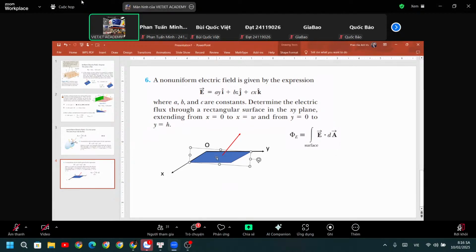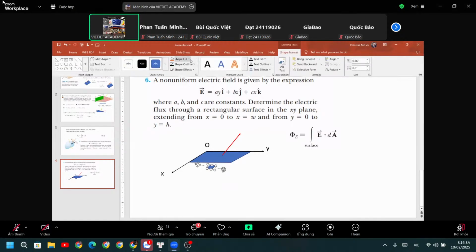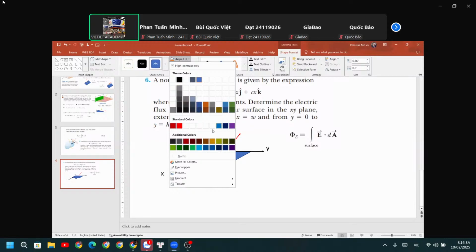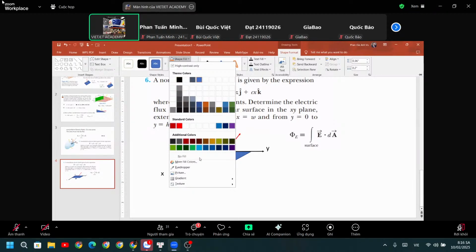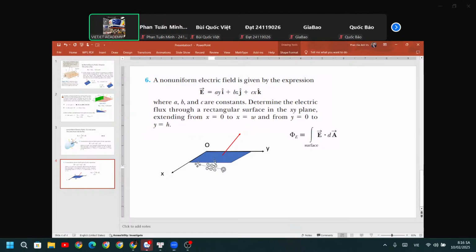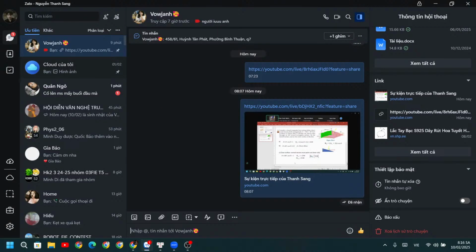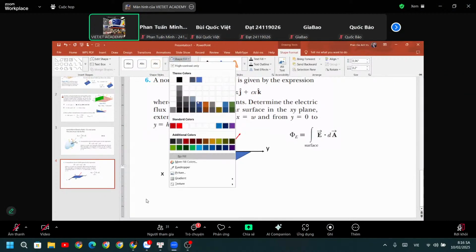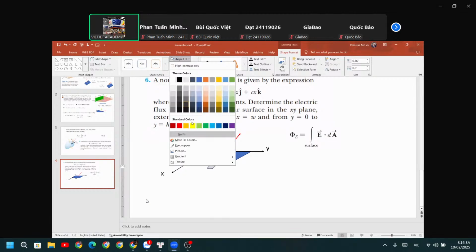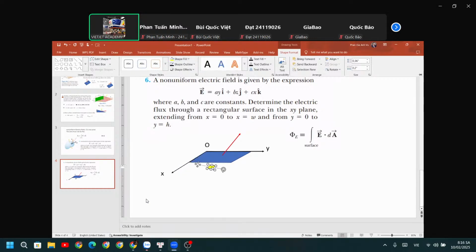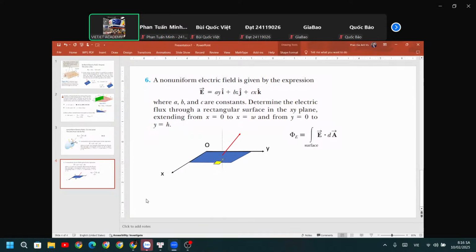For dA, we should take the very small area, right? Very small area in this. I mark it in yellow or white. Yeah, I take the small area here. I call it dA.